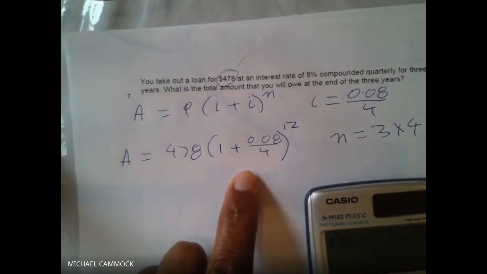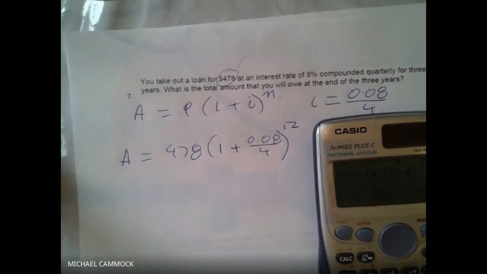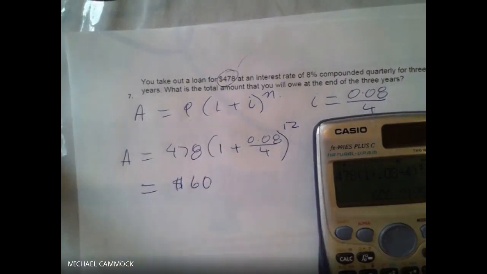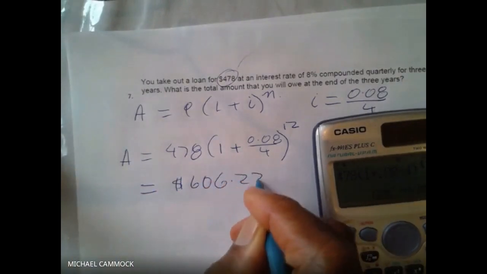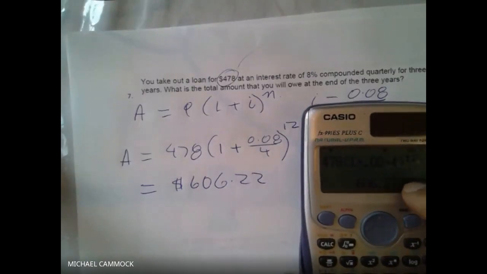Okay, so 0.08 divided by 4, close the bracket, raised to the power of 12, and I'm getting 606.22. Now make sure you're rounding it correctly. That 21 that you see at the end, I have to round up to 22 because the 9 is after it.